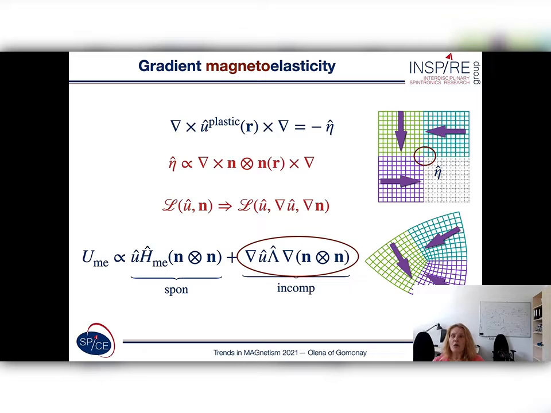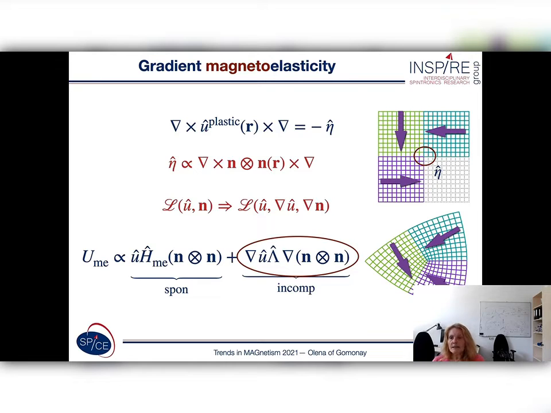So instead of calculating separately incompatibility and plastic deformation, we can introduce a Lagrange function which includes gradients of strains and the magnetic vectors, and these gradient terms will be responsible for the magnetoelastic defects. And what is very nice, now the equations would be continuous and could be analyzed also from the point of view of topology.